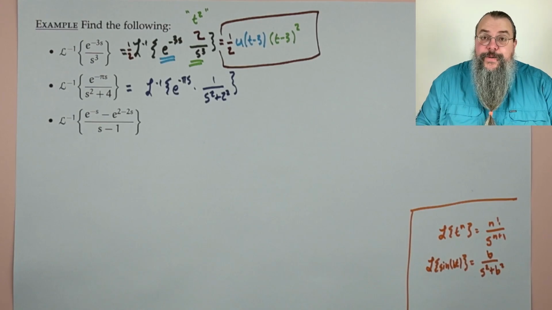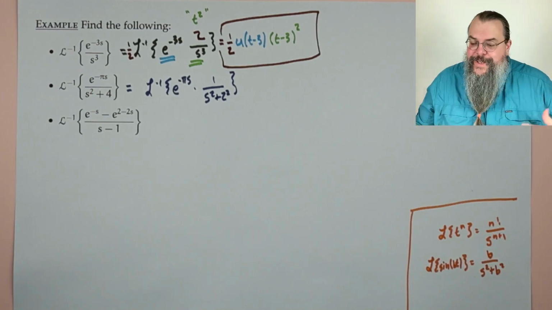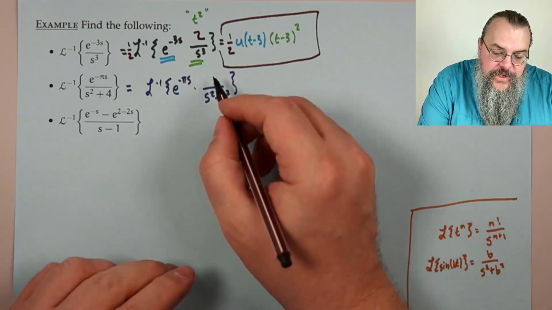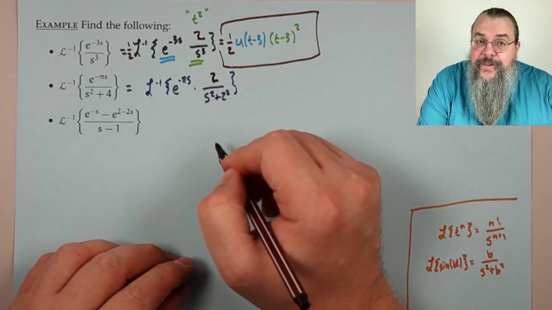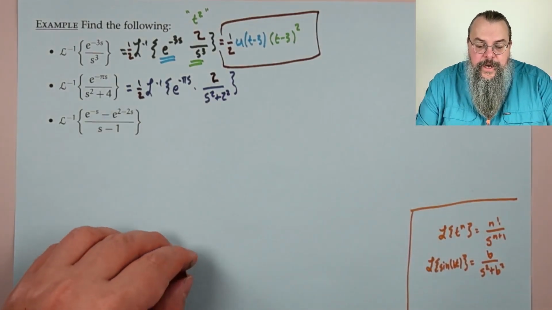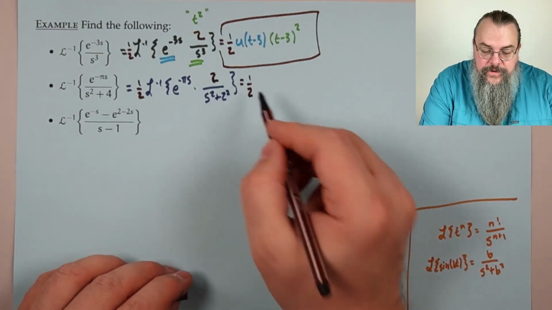You say, perfect, if we only had a 2 upstairs. You know where this is going. If you want a 2 upstairs, you put a 2 upstairs. But make sure you find a way to balance it. And how do we balance it? Put a half. All right, now we're ready. So, what do we have? Well, we don't forget the half that we introduced.